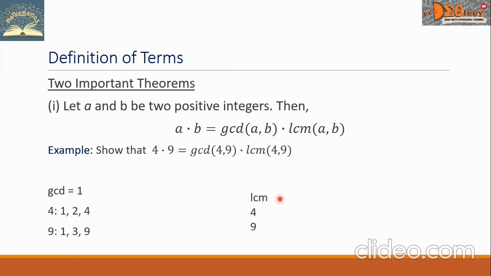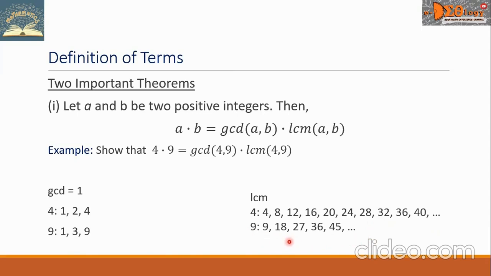With regard to LCM, we will write the multiples of the two numbers. For number 4, the multiples are 4, 8, 12, 16, 20, 24, 28, 32, 36, 40, and so on. The multiples of 9 are 9, 18, 27, 36, 45, and so on.